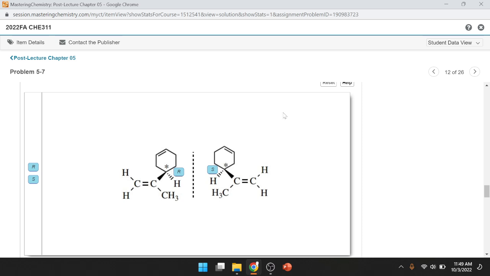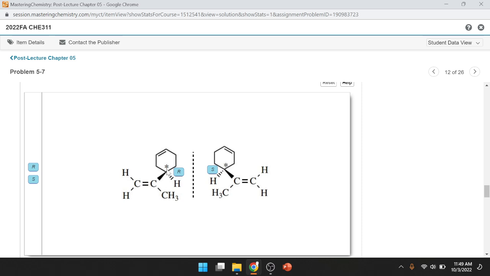Okay, so the asterisk is where it has chirality. That's where it's R or S. Okay? So the asterisk is always used for the chiral carbon. And so that is what you're labeling right there, whether that's R or S. Okay? And so, okay, this is actually easier because the H is in the back, right?